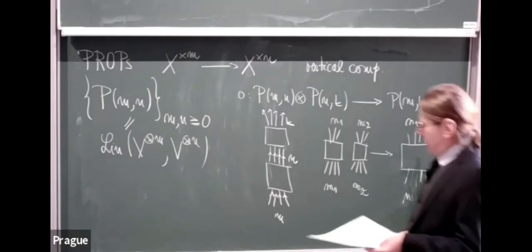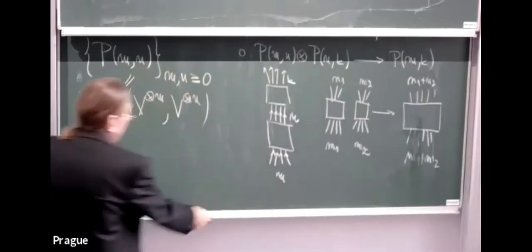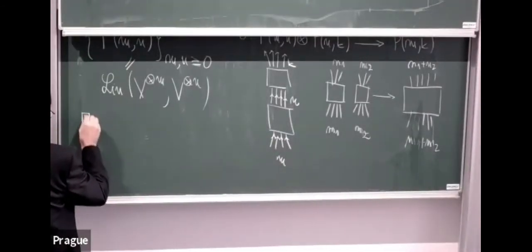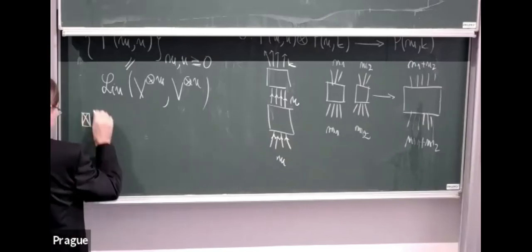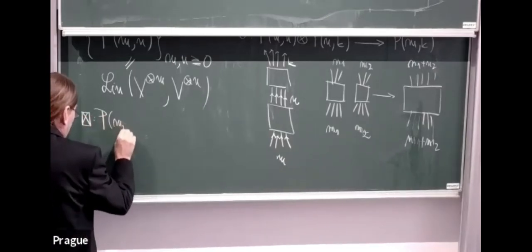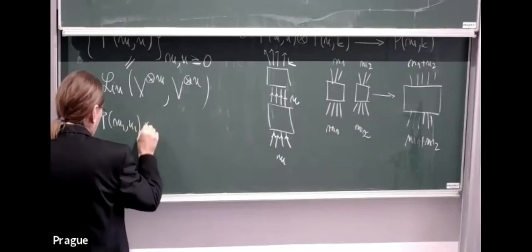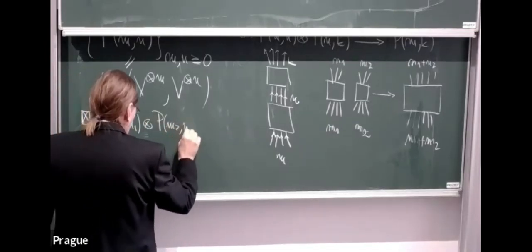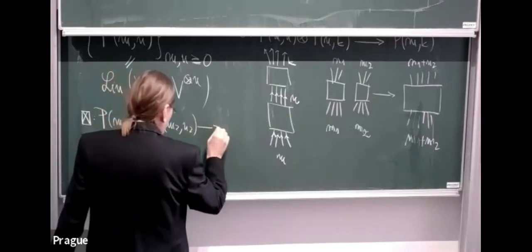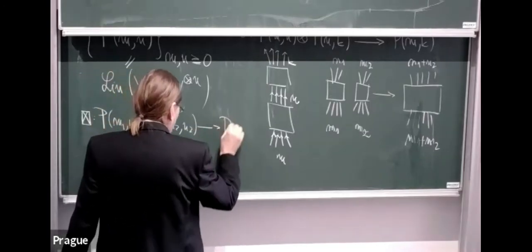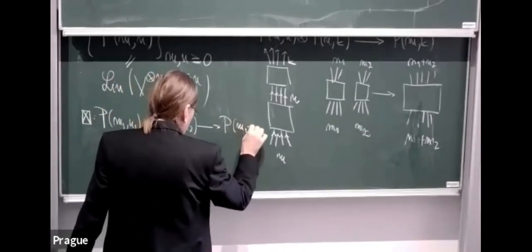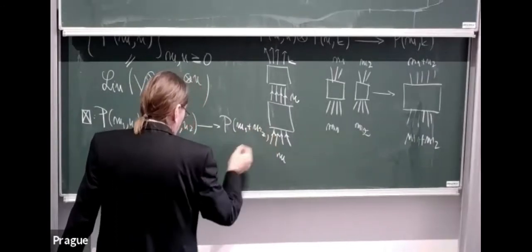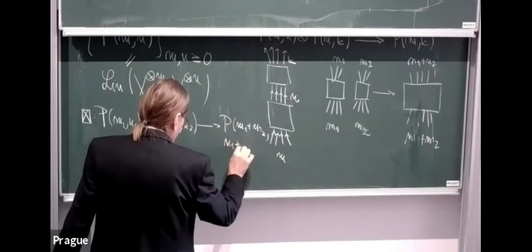This is the horizontal composition, which goes from P(m1,n1) times P(m2,n2) into P(m1+m2, n1+n2).